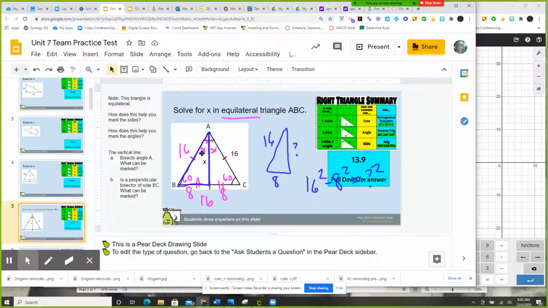If the angles were cut in half to make 30, then the bottom side can be cut in half to make 8 and 8. So we did Pythagorean theorem, 8 squared plus x squared equals 16 squared. And I could write that. 8 squared plus x squared equals 16 squared. The first thing you're going to do is subtract 8 squared from both sides. So that's how we came up with that.